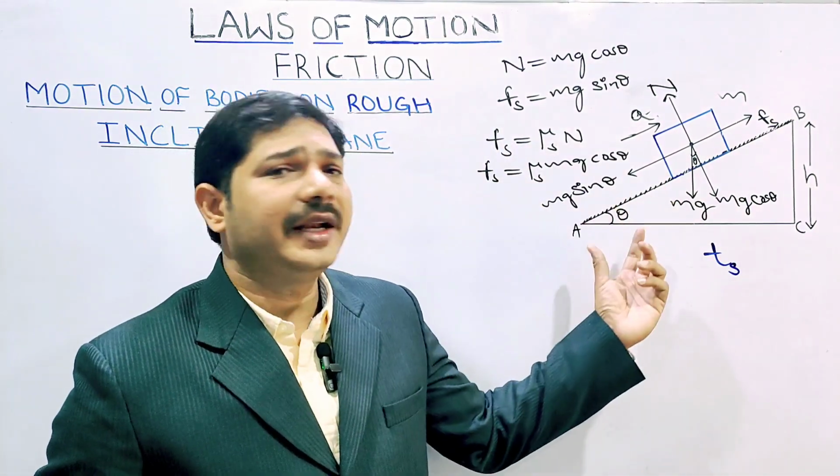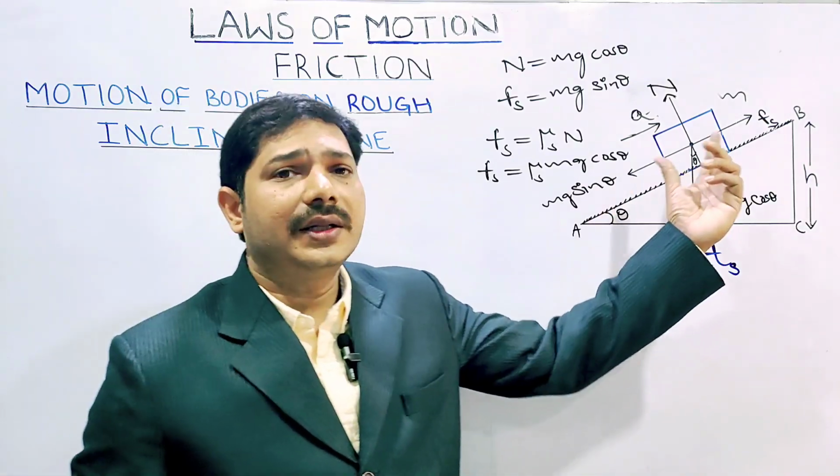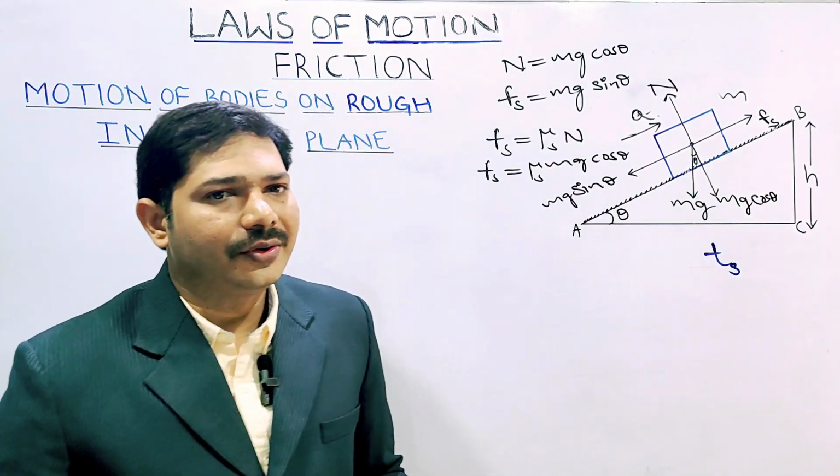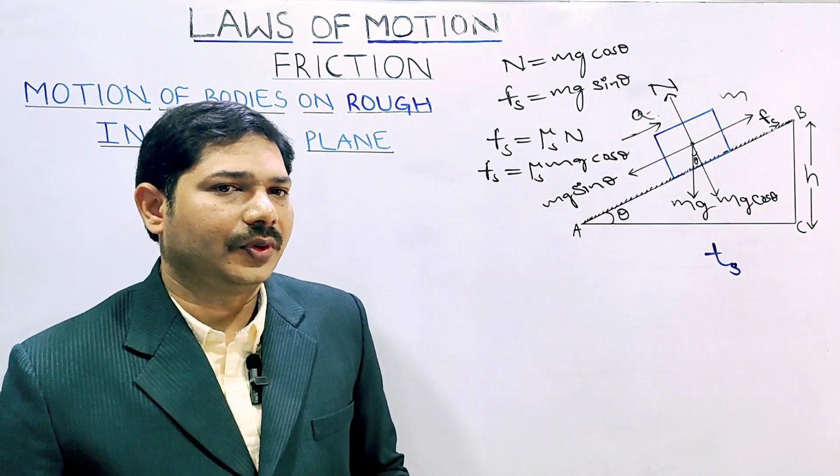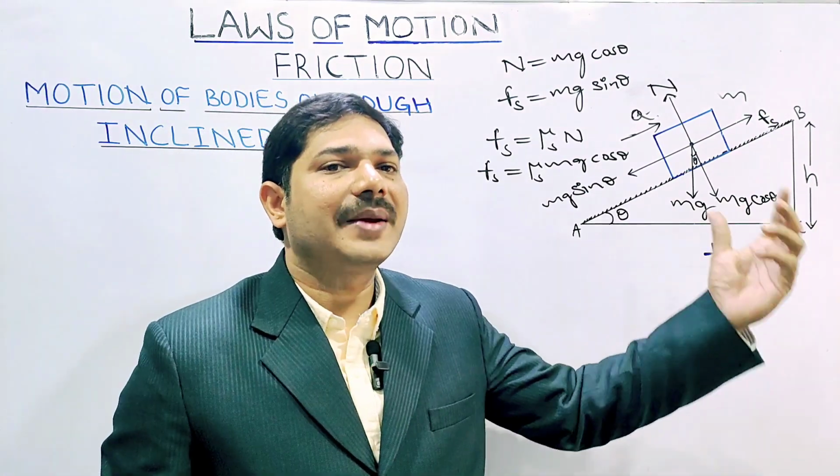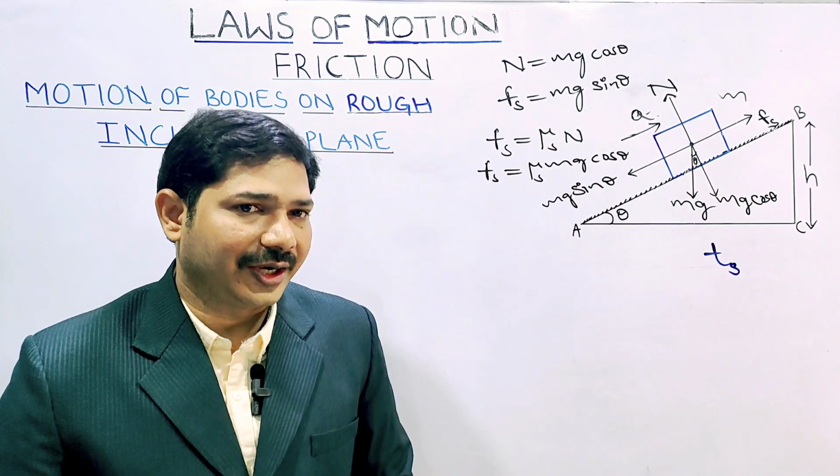So for the same inclination angle, but on a rough inclined plane, they'll give the coefficient of friction. So how much time will it take on the rough inclined plane?